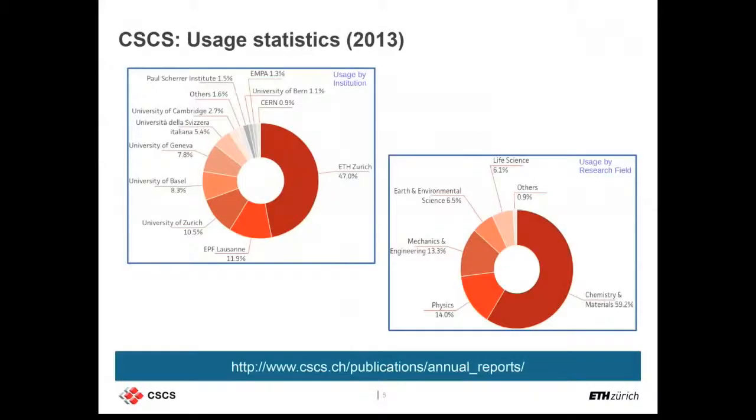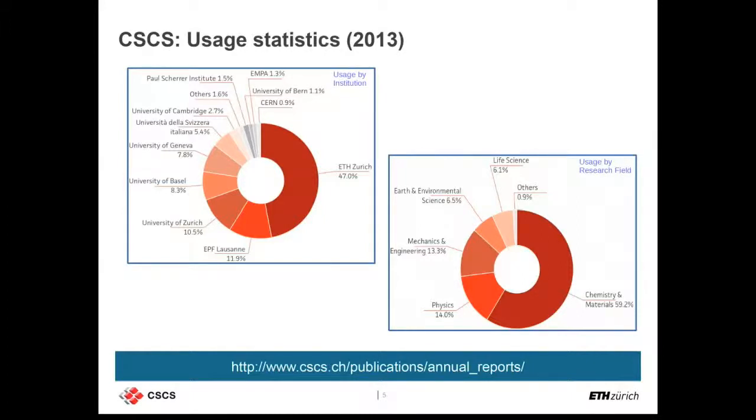CSCS is located in Lugano, in the south of Switzerland, and the computing resources we provide are open to scientists as well as users from industry. Our regular user base consists of more than 100 research groups coming from various Swiss universities.